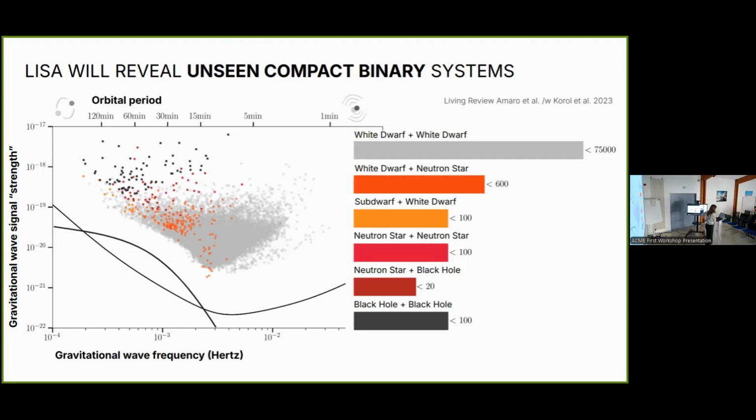Okay, so I'm actually not sure, can we produce them dynamically? Yes, you can, for instance, you can have triple systems, right? And you can have close encounters. I think that the triple channel, where you have the inner binary and a third companion that can help you to produce a type 1a, can be of a comparable contribution as the isolated binary.